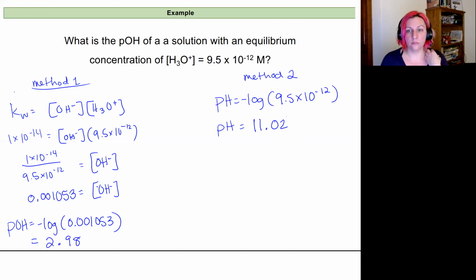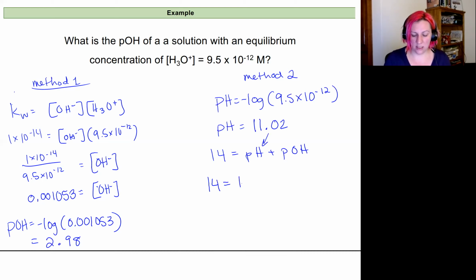All right, so that's my pH value. I know that 14 is equal to pH plus pOH. So I'll just plug in that pH value here. So 14 is equal to 11.02 plus pOH. That means if I subtract that 11.02 from both sides, I get 2.98.